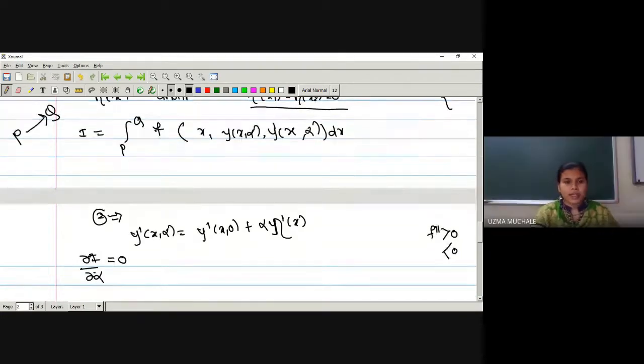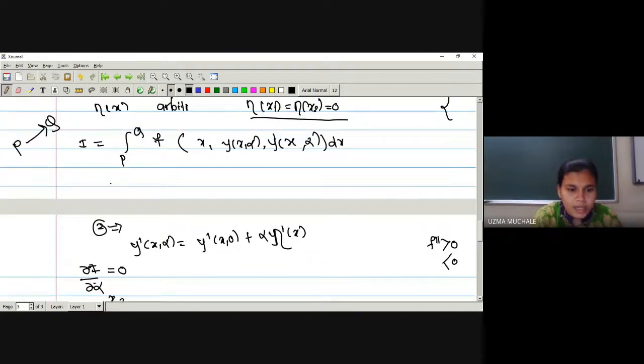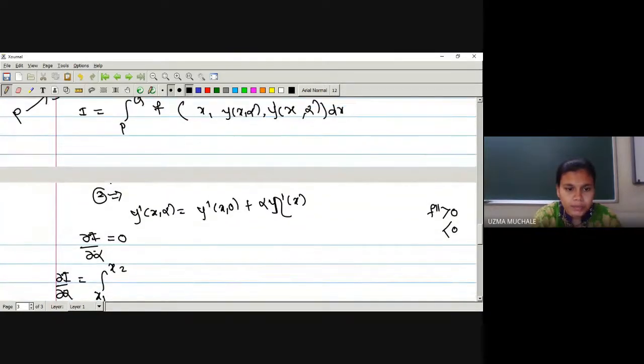Okay, we equate the first derivative to 0. So let us find dou I by dou alpha and keep it equal to 0. Let me first find dou I by dou alpha. The value of the integration we will keep as it is, and instead of having p to q we can keep it from x1 to x2.